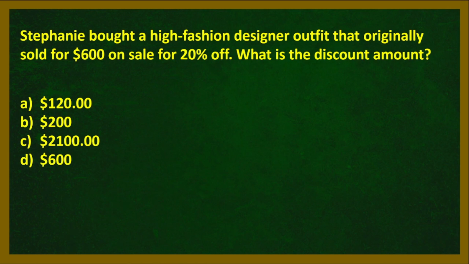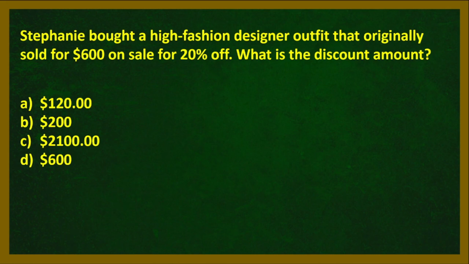Let's take a look at our example here. It says Stephanie bought a high fashion designer outfit that originally sold for $600 on sale for 20% off. What is the discount amount?